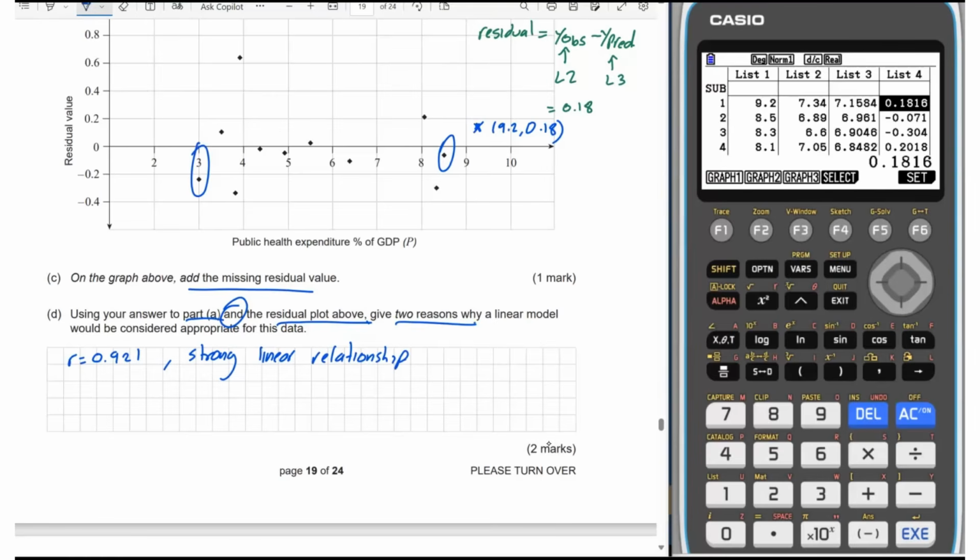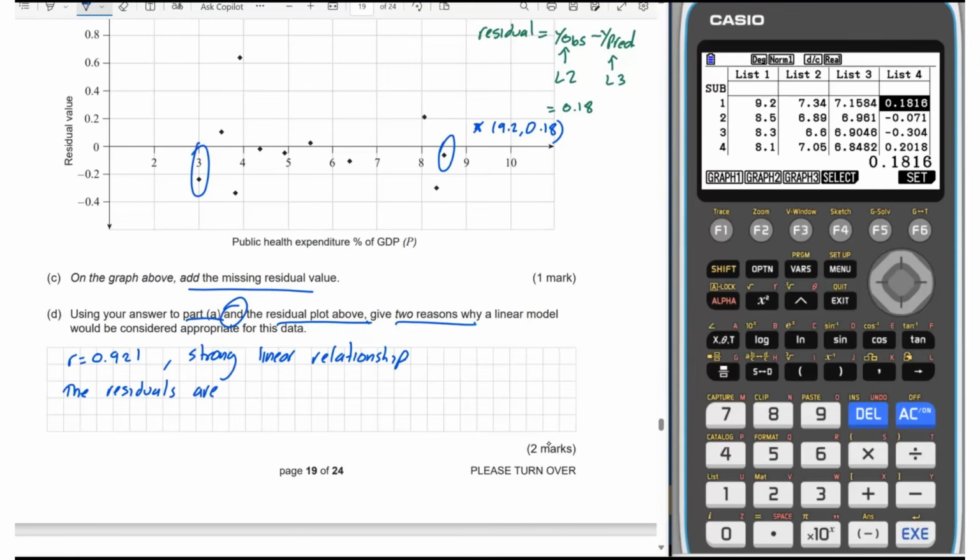Now, looking at the residual plot, when you want an appropriate linear model, you want your residuals to be random, and that's exactly what you've got up there in the plot above. So you just want to say something like the residuals, and it's got to be the residuals, because you remember you've got 2 graphs. You've got a graph back on the previous page that shows the actual raw data, and then this one is the residuals. So make it clear you're talking about the residuals.